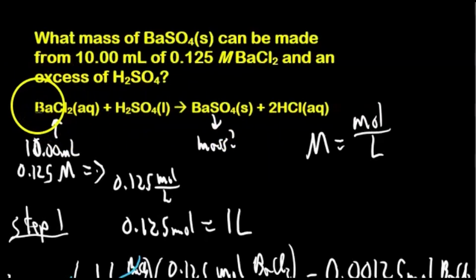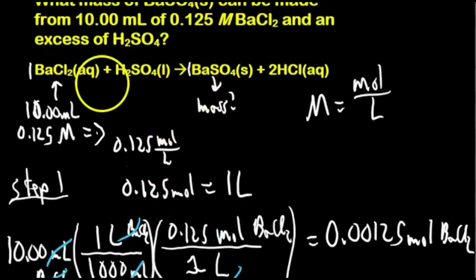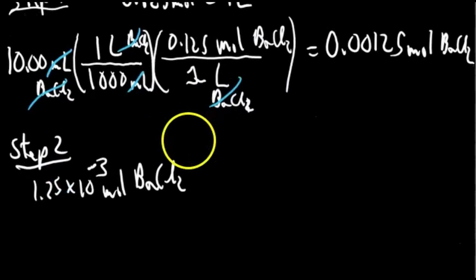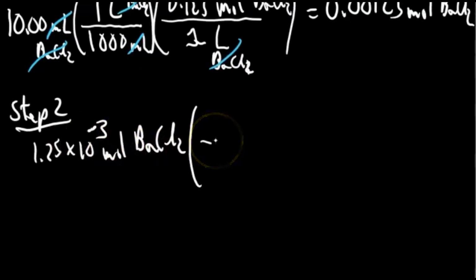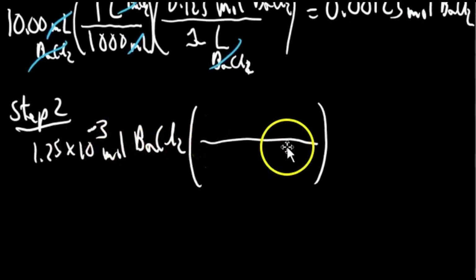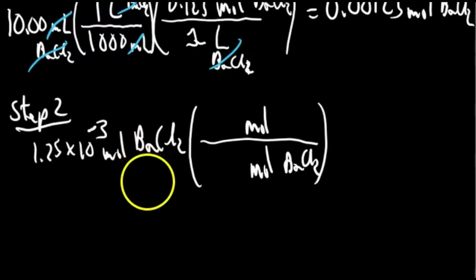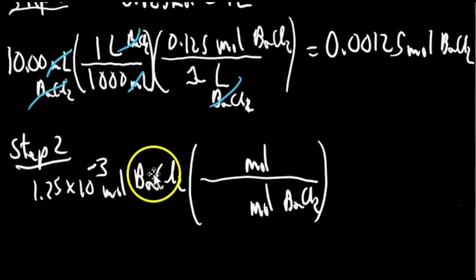There are no numbers here, so this is just a 1-to-1 ratio between these two. Even though it's a 1-to-1 ratio, I would still write in the fraction here. So for moles of BaCl2, we want to cancel that out. We want moles of BaSO4, that's our desired.